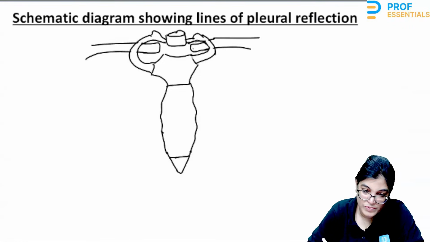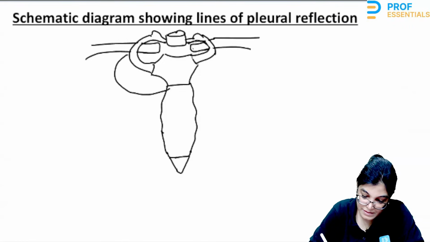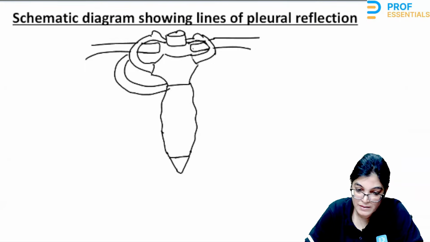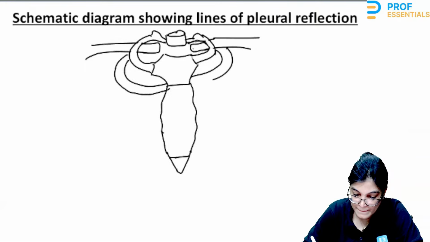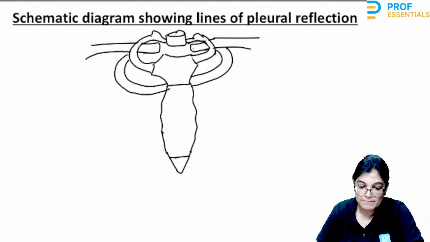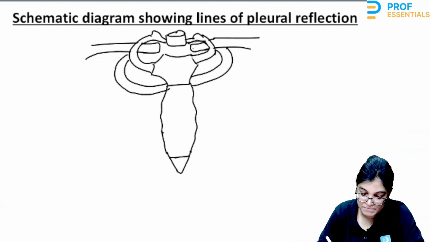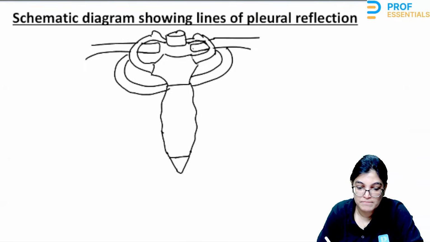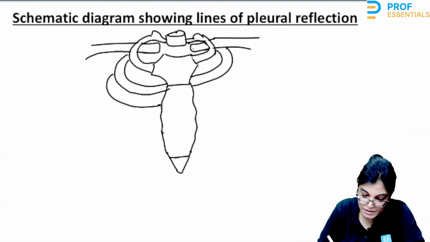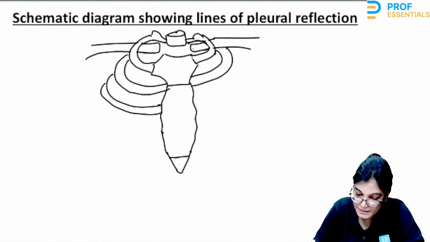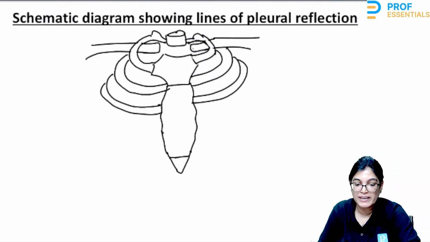Then the other ribs will be made like this. Third rib, just an outline.